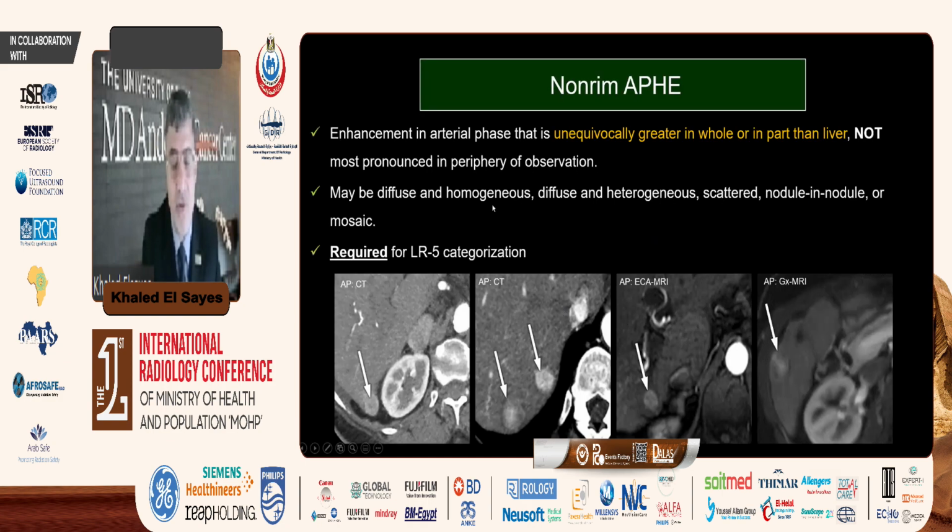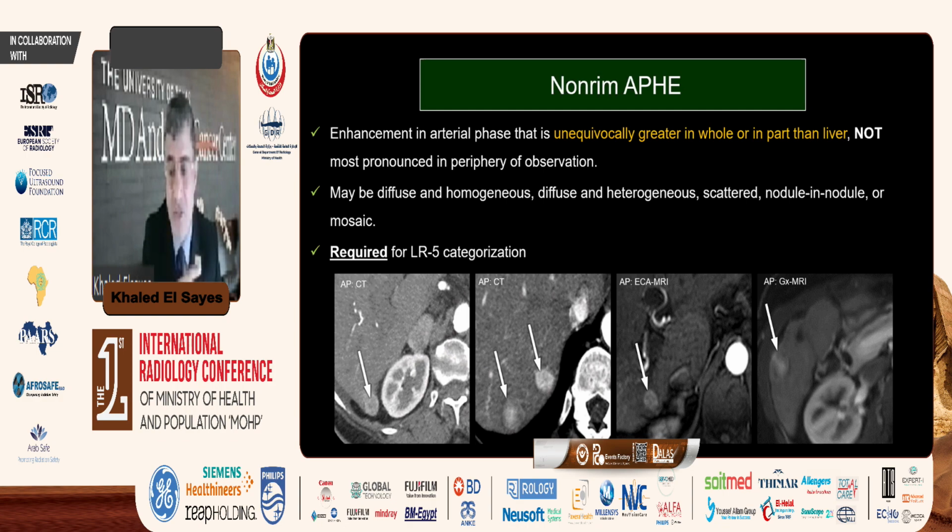And this is the non-rim arterial phase hyperenhancement. Guys, this is very important to define clearly. It's called non-rim because we mentioned the rim was what? Was LR-M. But when you have non-rim arterial phase hyperenhancement, you define it as unequivocally greater in whole or in part than liver. Not most pronounced in the periphery of the observation, because if it's most pronounced at the periphery of the observation, it will be rim arterial phase hyperenhancement.